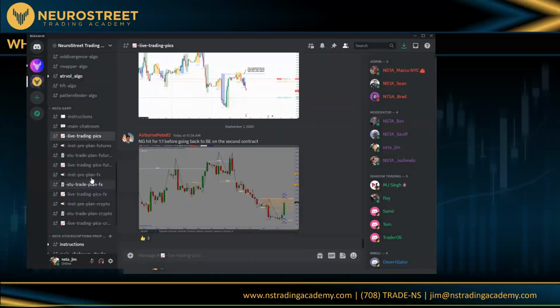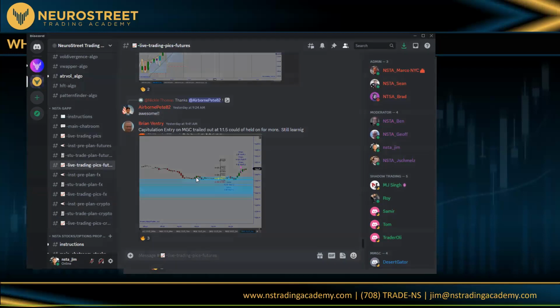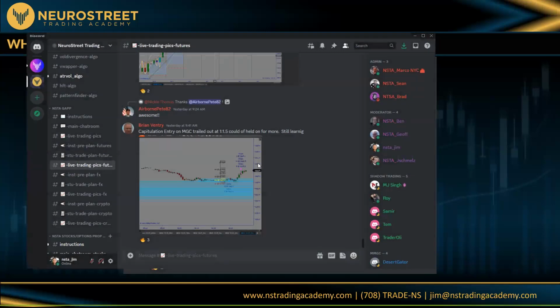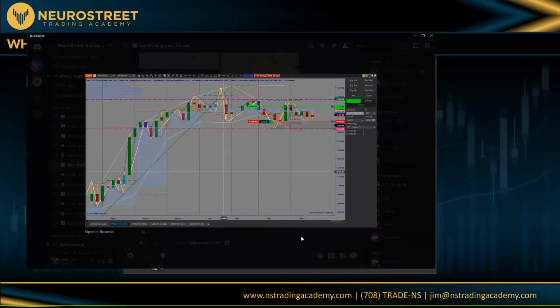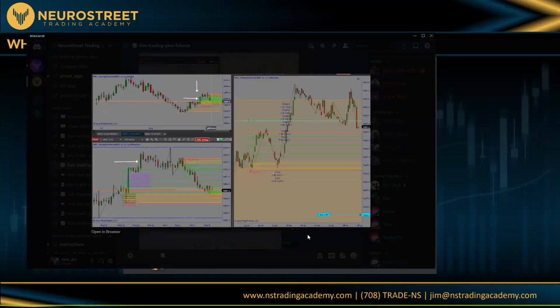All sorts of stuff. You can go into live pictures for futures. Here's an example of a trade on gold going long. Here's another trade, a little bit of a busy chart, but ultimately profitable, green anyway, so that's good. Confirmation entry at target.